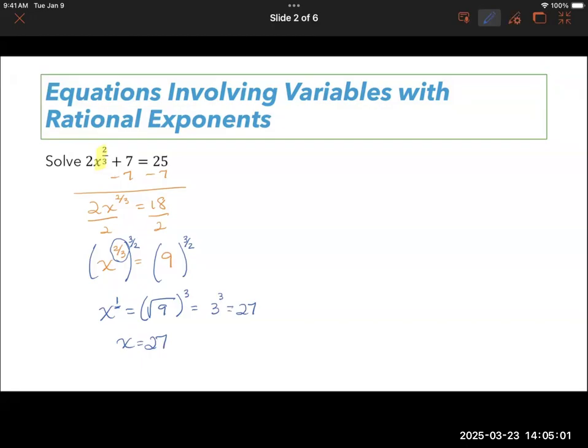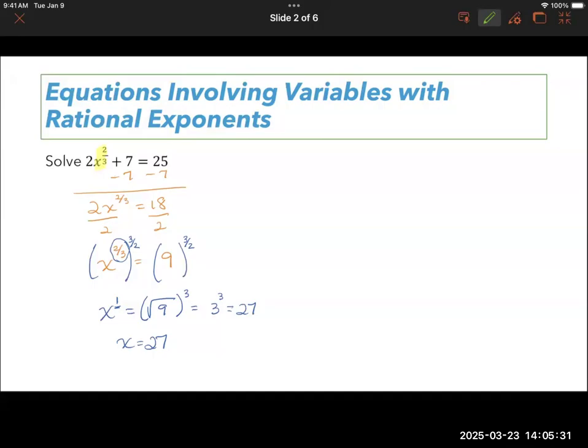Now, the reason I say it seems that is because with any equations dealing with rational exponents or radicals, you really, really, really want to take a moment to check your solution, because there are very often times where even though it appears that you've gotten to a solution, one or all of your solutions are going to be extraneous. They don't actually make your equation true. So you always want to check.